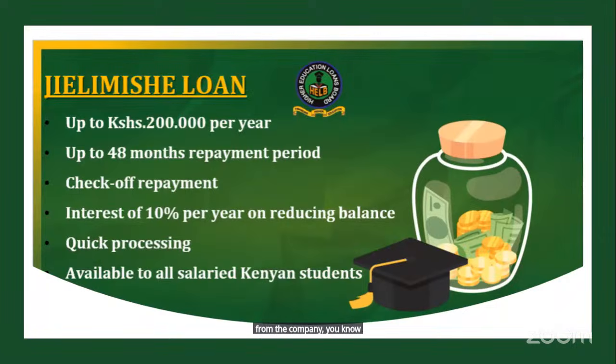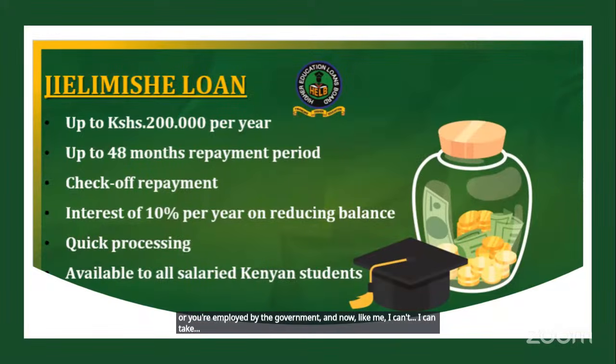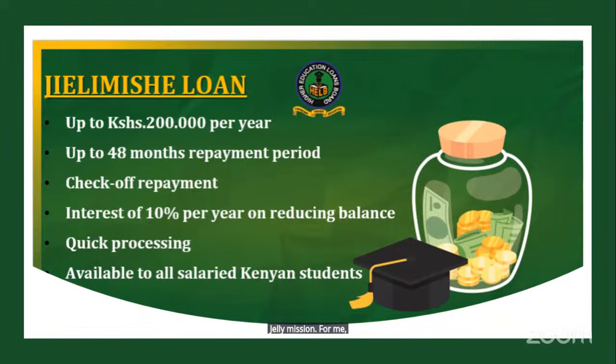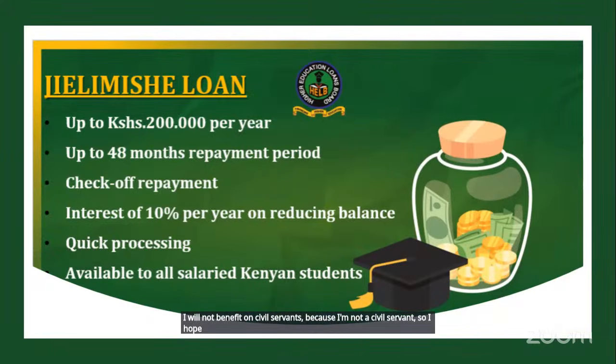This is for all salaried Kenyan students, be it you are employed by a private company, or by the government. Like me, I can take GLIMISHE. For me, I will not benefit on civil servants because I'm not a civil servant. So I hope that is clear.